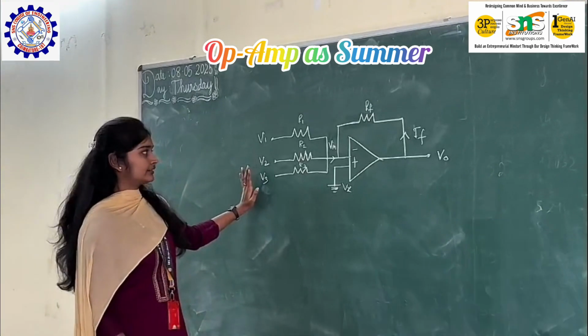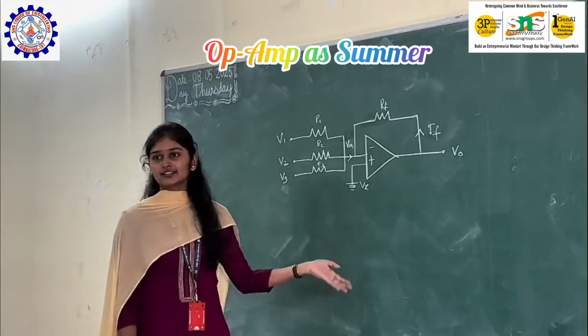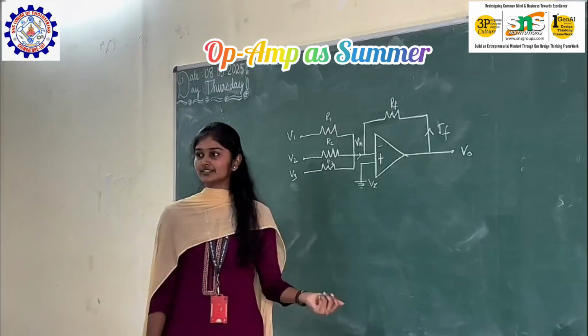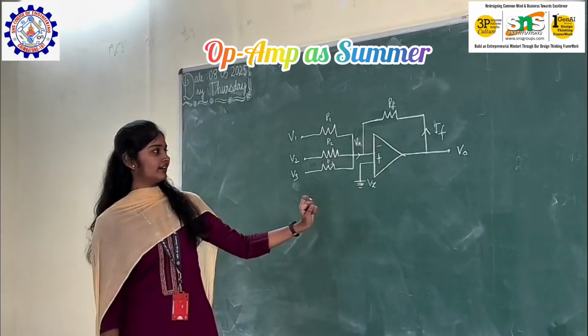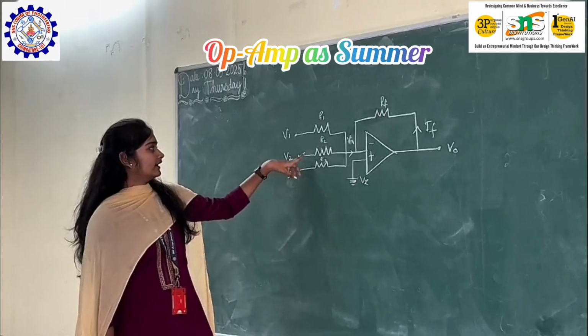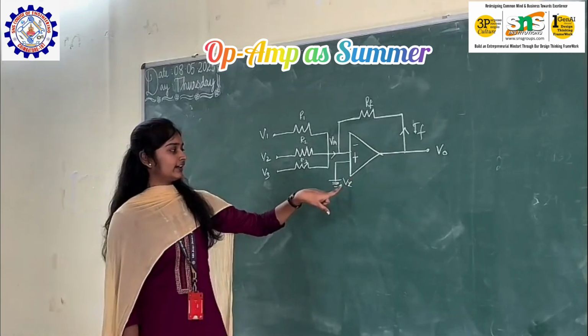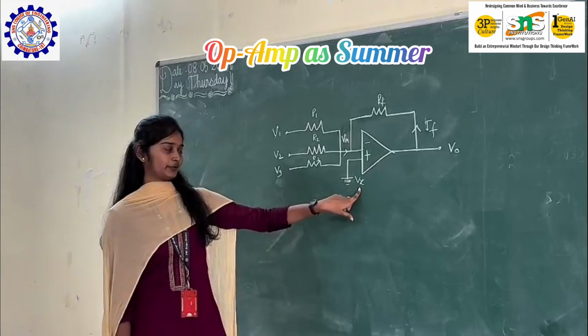V1, V2 and V3 are the applied voltages. They are applied to the inverting summer amplifier, while the feedback is given to the inverting terminal. Then feedback from the output goes to Vx. Vx is the virtual ground position.